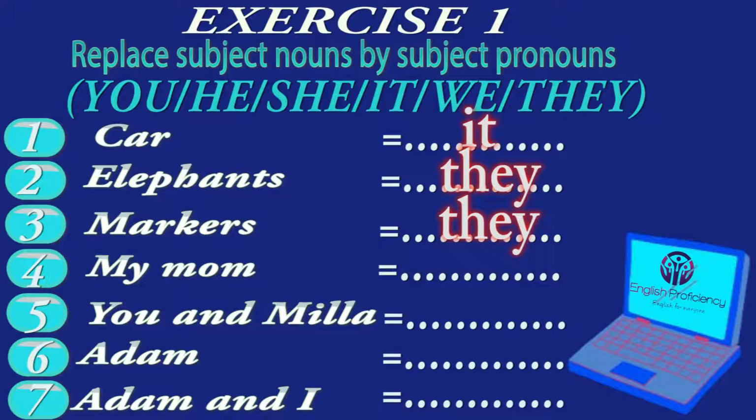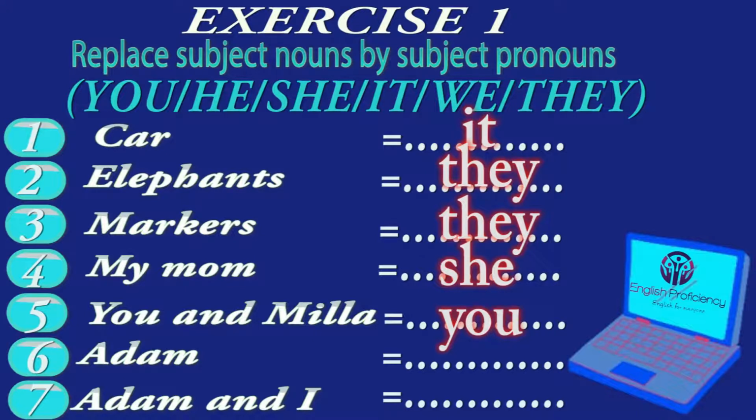My mom. It's absent, singular and female. Of course, it is she. You and Mila. This is the addressee, plural, so it's you. You for plural.